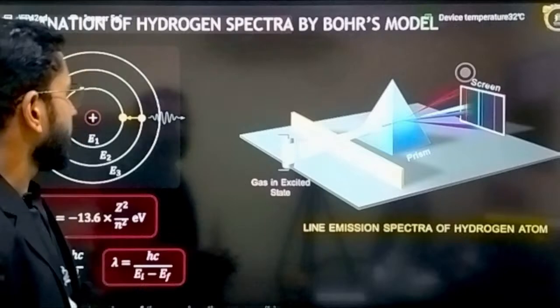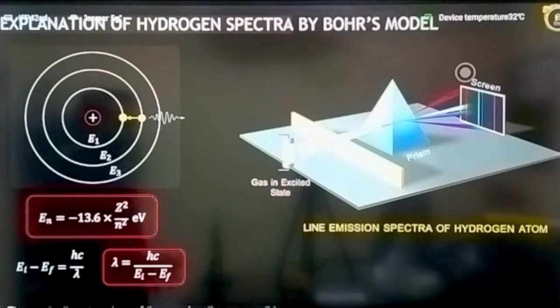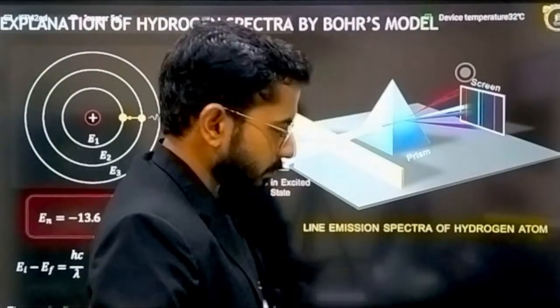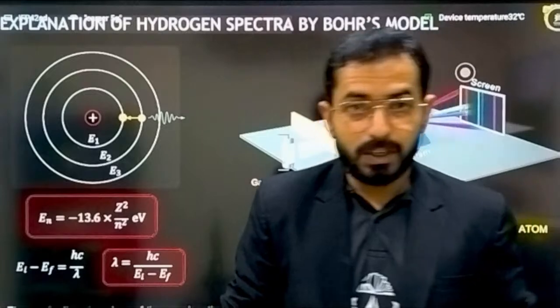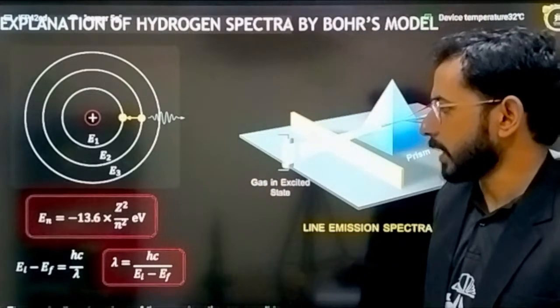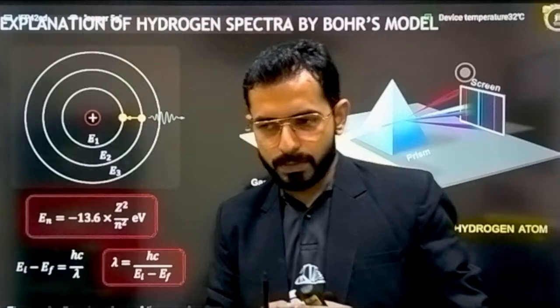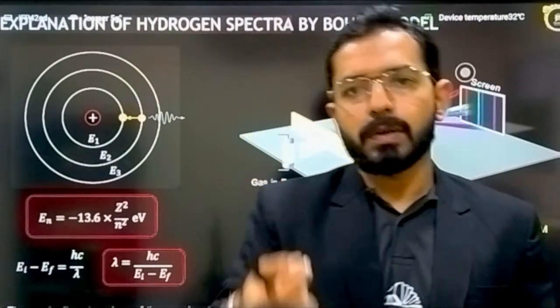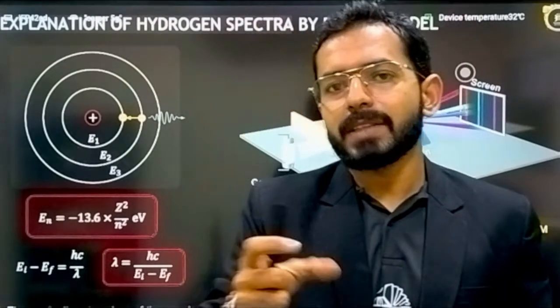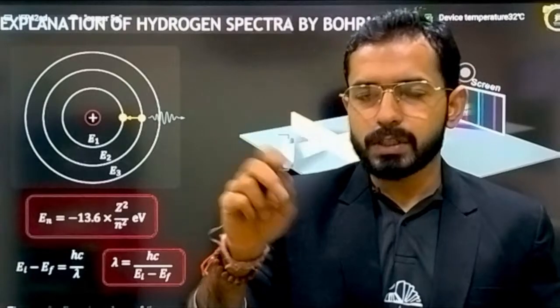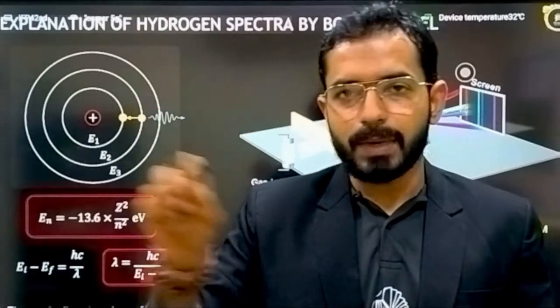Now let's understand a little bit about the hydrogen spectrum. Whenever there is a transition of electrons, some energy will be released, and that energy is equal to hc by lambda.